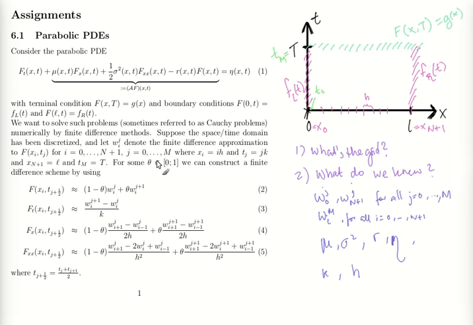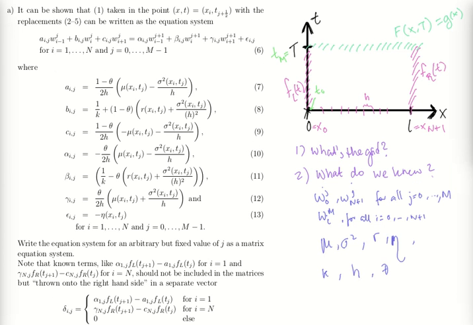And they say we can choose some theta and use that to construct a finite difference scheme. So let's just say we also know theta, and m and m+1 are also known because we choose them ourselves. So see, now we've written down a lot of stuff just to have some kind of overview of what's going on. And let's read the next part.